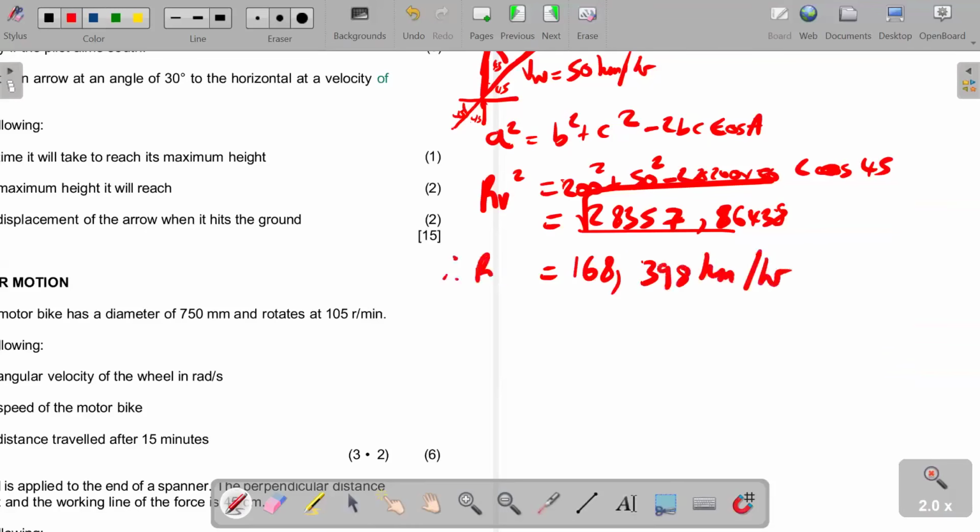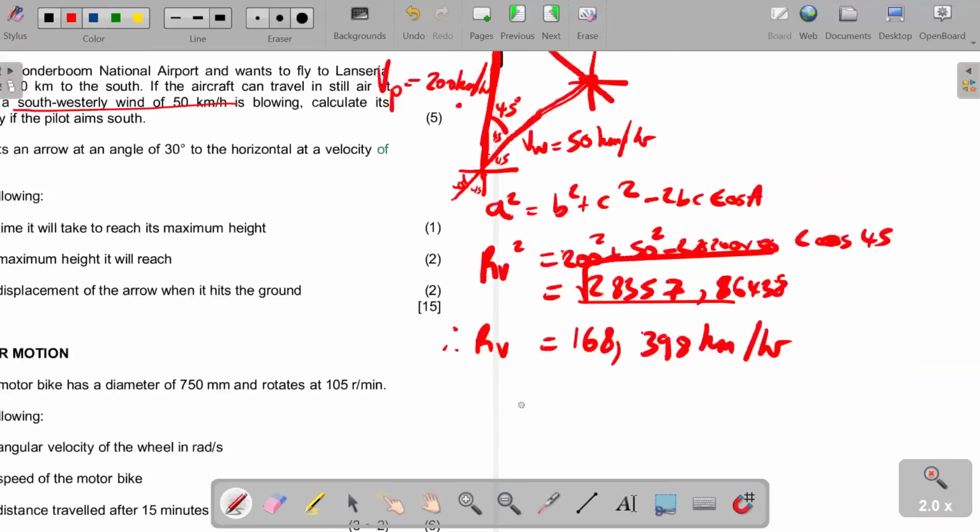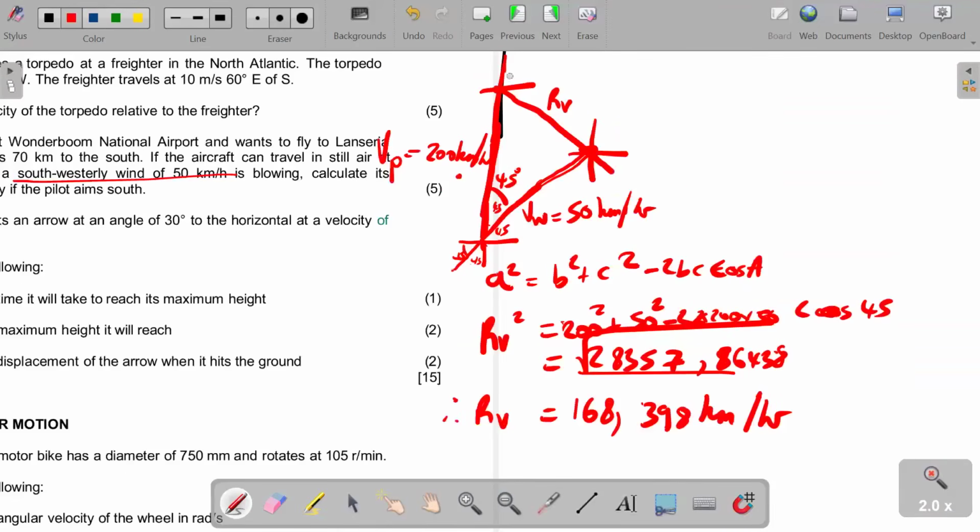So this is now our resultant velocity. We have determined it. Looking at the angle now, this is the angle that we want. RV is going in between east and south, so all we want is the angle south, some degrees east, or east, some degrees south. We want to calculate this angle here.